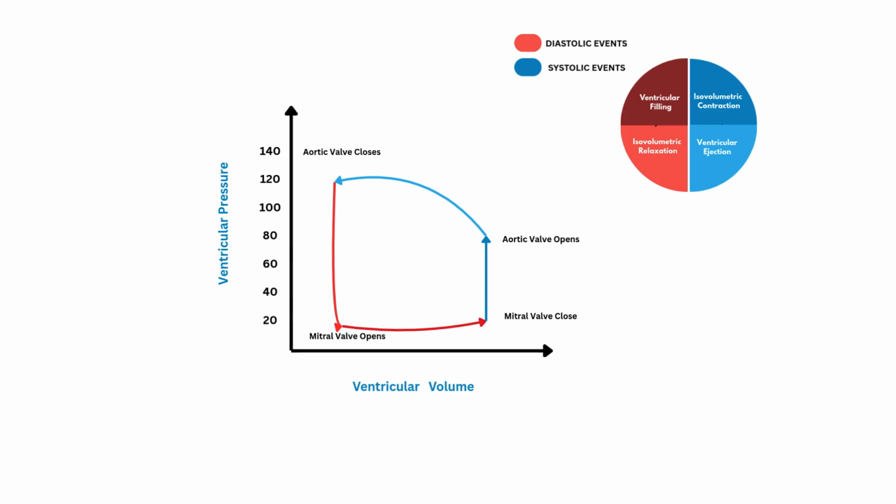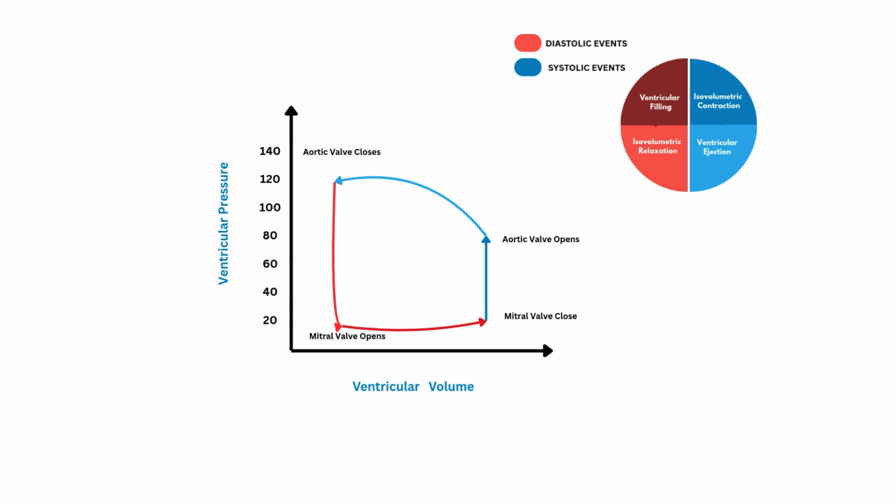Hence, the volume drops while the pressure initially peaks but then starts to fall. As you see, volume increases in this direction. However, the movement of our ejection is going in the opposite direction. That just shows that the volume within the ventricular cavity at that point is decreasing. So this is the end of systole.